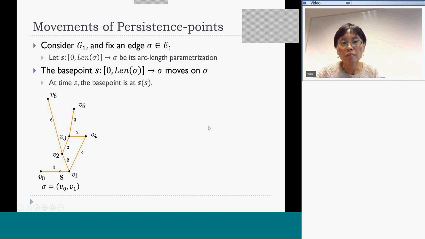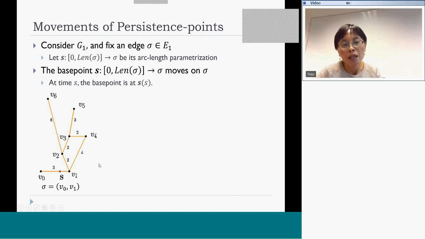Let's first consider one of the graphs, G1, and take one edge, sigma, in this case equal to V0, V1 here. Let's just consider the case when the base point moves inside this edge sigma. Now we can parameterize the position of this base point simply by using the arc length parameterization of this edge.